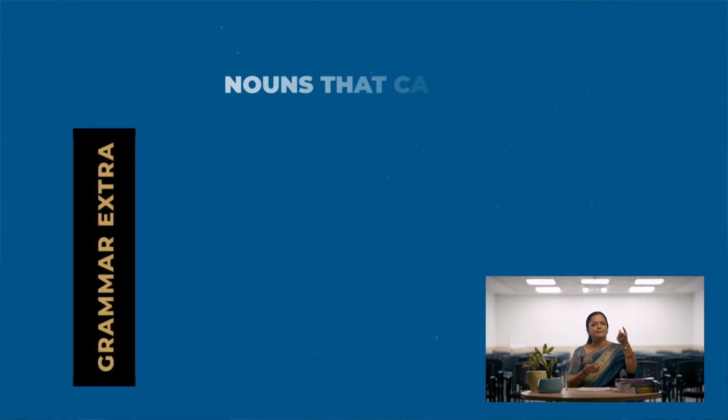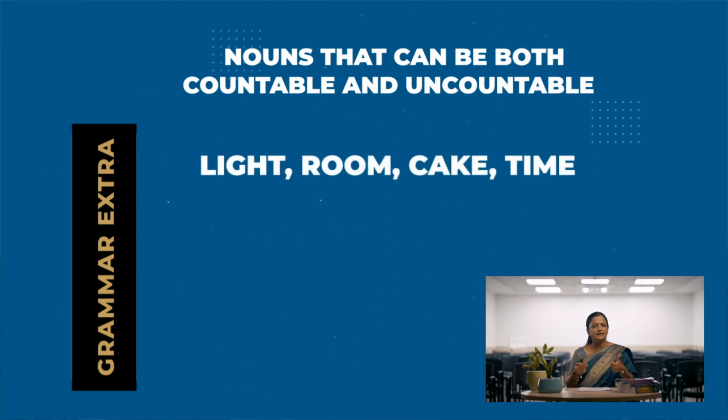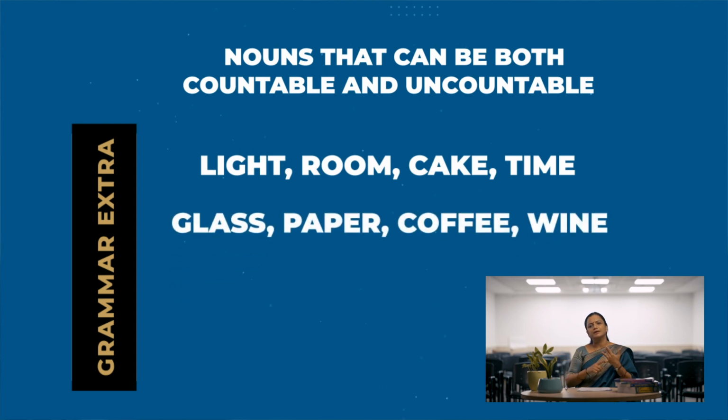Sometimes the same noun can be either countable or uncountable depending on the meaning. For example, light, room, cake and time. Materials and liquids can also be either countable or uncountable, for example glass, paper, coffee or wine.